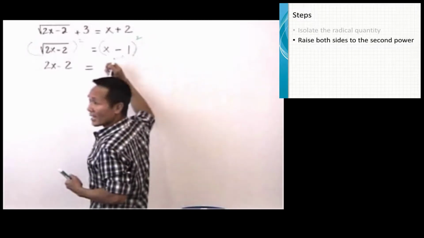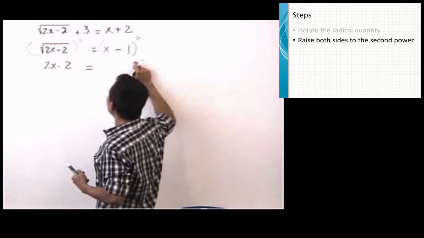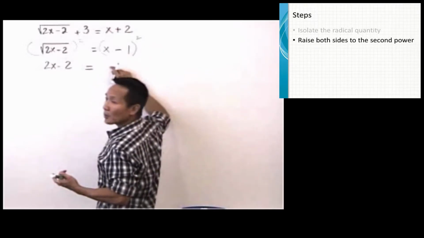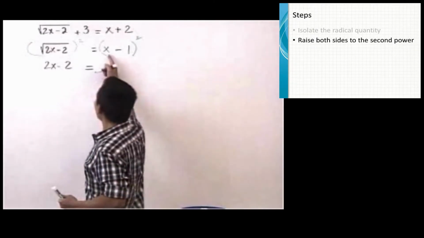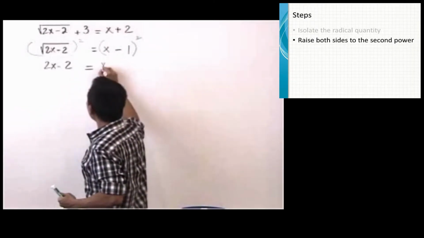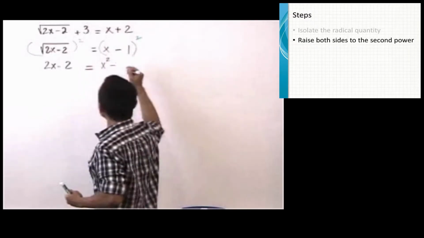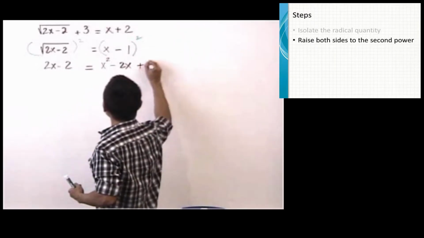Once again, we'll follow the formula: a minus b to the second power. After FOIL, we have a squared minus 2ab plus b squared. In this case, x to the second power is x squared, minus 2 times x times 1, so I have 2x, and 1 to the second power is 1.